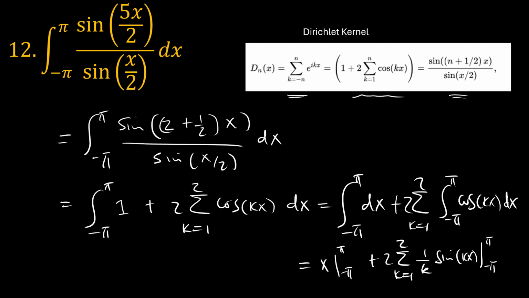And so we see that sine of any integer times pi is 0. So taking the limits at both ends means that this entire thing goes to 0. So we come to x, which is pi minus negative pi, which is 2 pi.